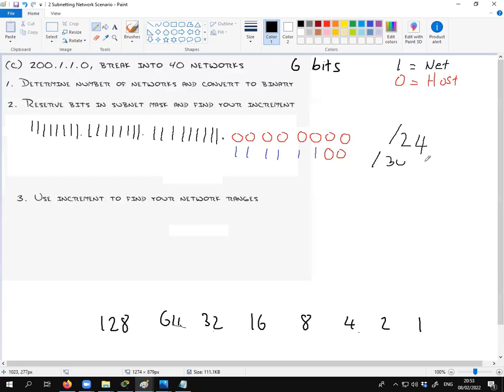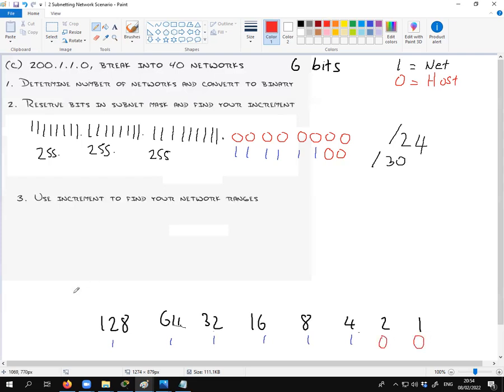Now to get your subnet mask, all the ones is 255. All the ones, 255. 1 1 1 1 1 1 0 0. So you take that and you superimpose it on a table. 1 2 3 4 5 6, 0 0.